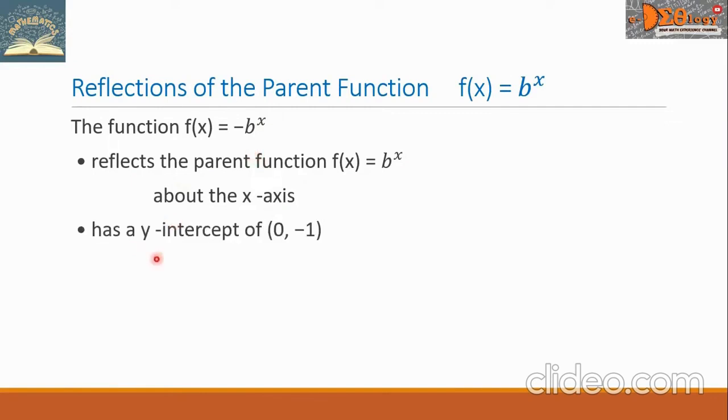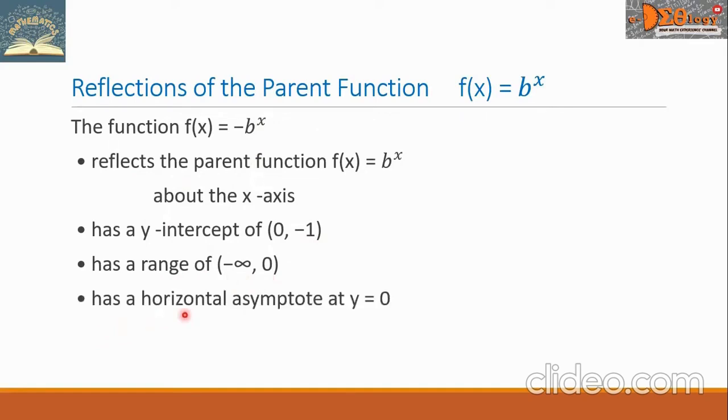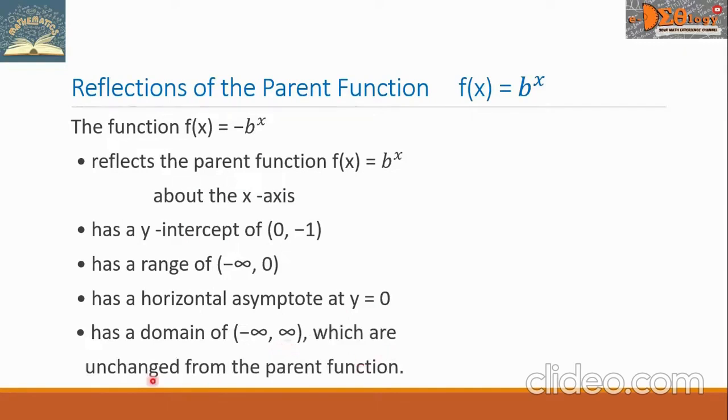This function has a y-intercept of (0, -1). It has a range of from negative infinity to 0. It has a horizontal asymptote at y equals 0. It has a domain of negative infinity to positive infinity, which are unchanged from the parent function.